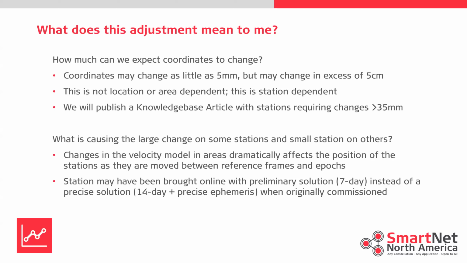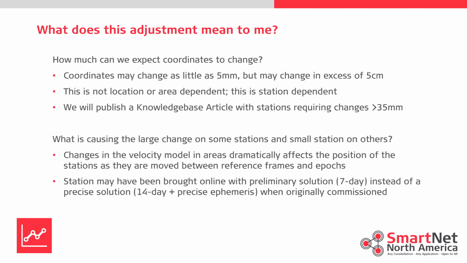Most stations do not move that much. Okay, they don't move the 5 centimeters, but there is a possibility of them moving. So you need to be aware of that. The other reason is stations could have been brought online with a preliminary solution, a 7-day solution, instead of a 14-day solution with a precise ephemeris when it was originally commissioned.